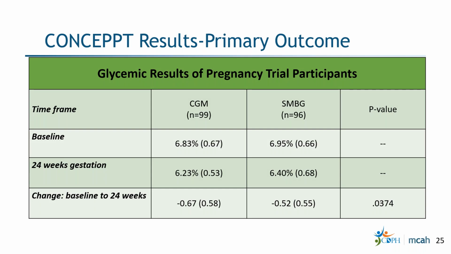So what were the glycemic results of the pregnancy trial participants? You can see the baseline here at 24 weeks gestation, 6.23 versus 6.4. And the change from baseline to 24 weeks was 0.67 versus 0.52. It's not a huge difference, but it was statistically significant.